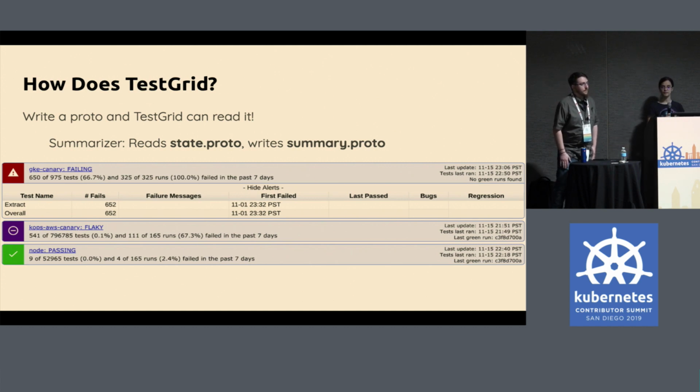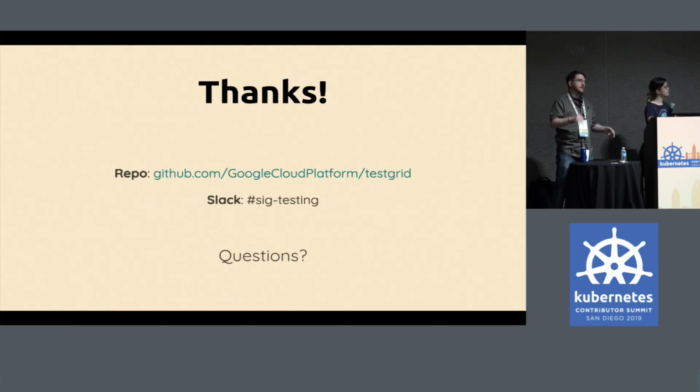TestGrid is very interesting in that it helps to visualize tests, but TestGrid does not deal with actually executing your tests. It reads your test results and tries to make sense of them, usually for use cases where you have insane amounts of test results, like Kubernetes. There's a lot of data.